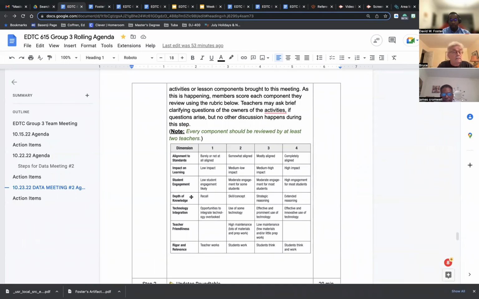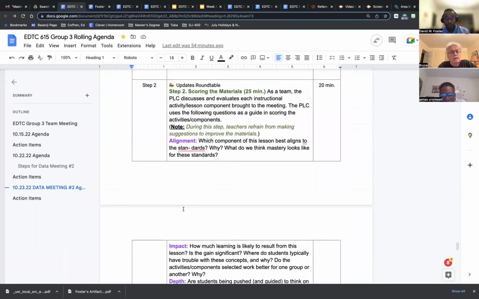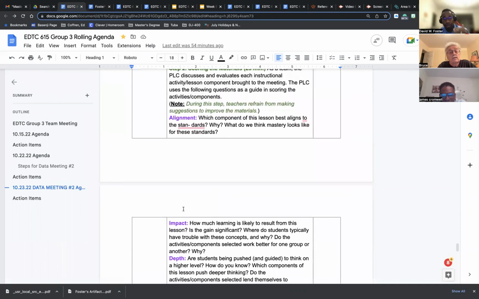So that was a suggestion that we reduce. That's still a lot. That's still 3 domains, 5 minutes per item. So that's still 3 domains per item, per artifact. That's not right. That can't be right. So it says right here, step 2, the ones that I pulled: alignment, impact, and depth.